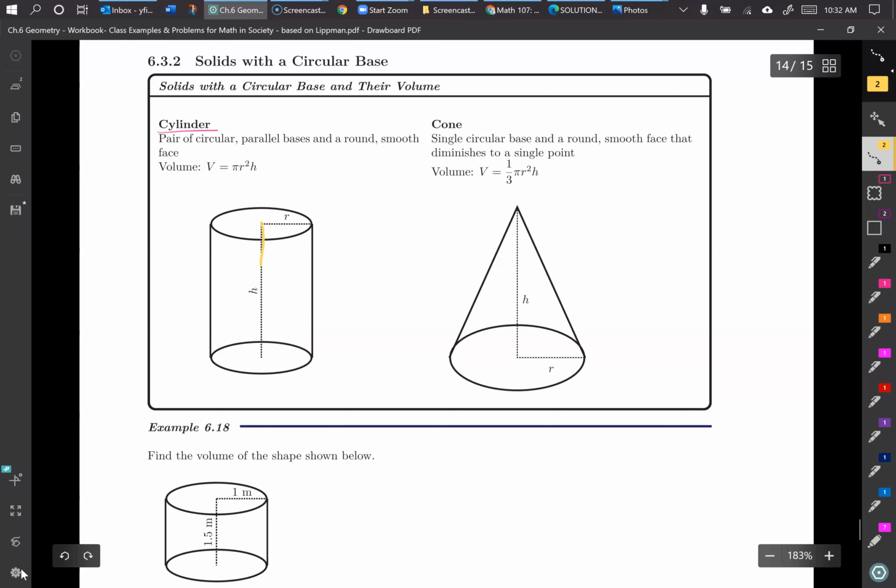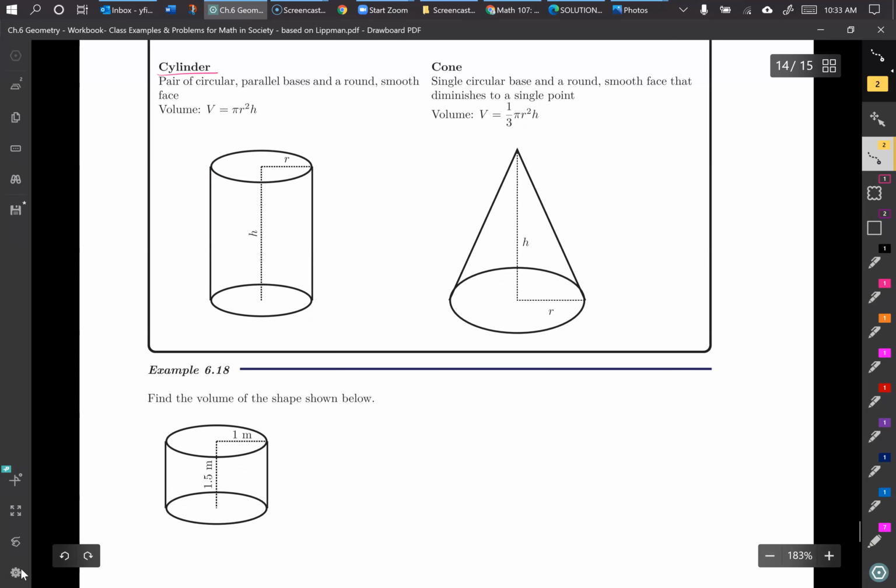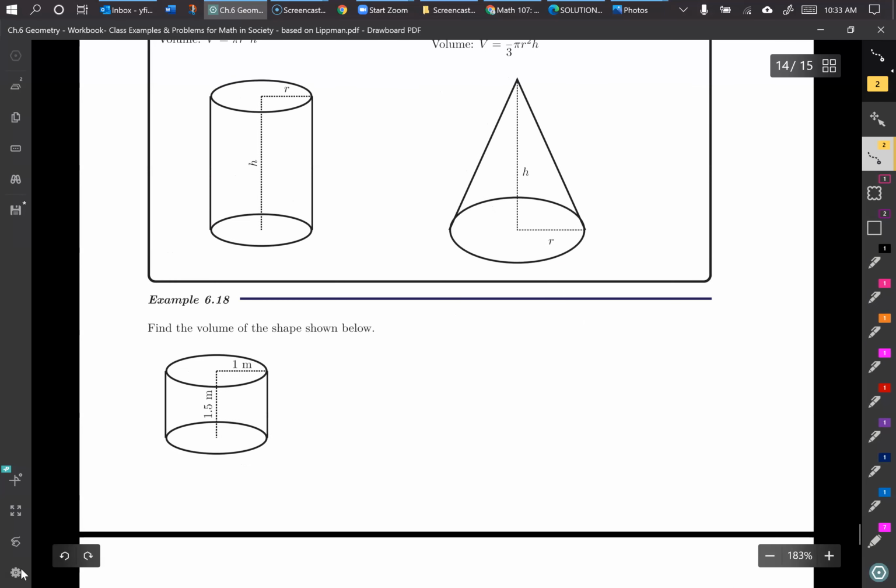So you can see how the height is represented here with the radius at a 90-degree angle. And a cone is a similar setup. You have that height dropping to the center of your circle at a 90-degree angle, but you just have one base and then the sides go up to a point in a cone, like an ice cream cone. That one's upside down, ice cream cone.